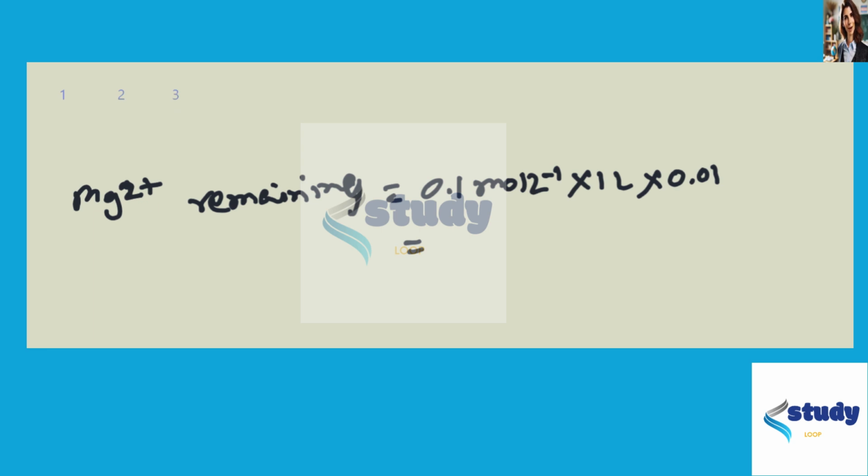The value of this is 1 times 10 to the power minus 3. So this is the number of moles of magnesium ion remaining.